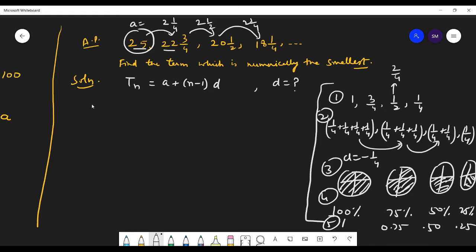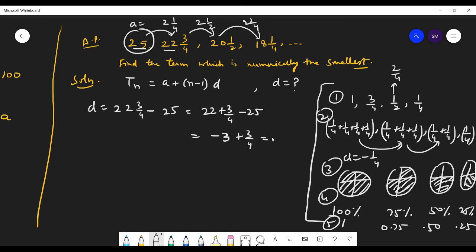So D still, if you want to calculate, sir, I want to calculate, that's your choice. So 22 3 by 4 minus 25. See, 22 3 by 4 means 22 plus 3 by 4 minus 25. So you can write it as minus 20 minus 3 plus 3 by 4.